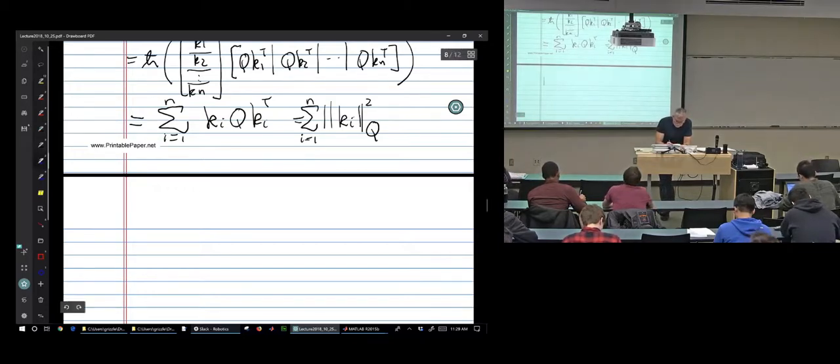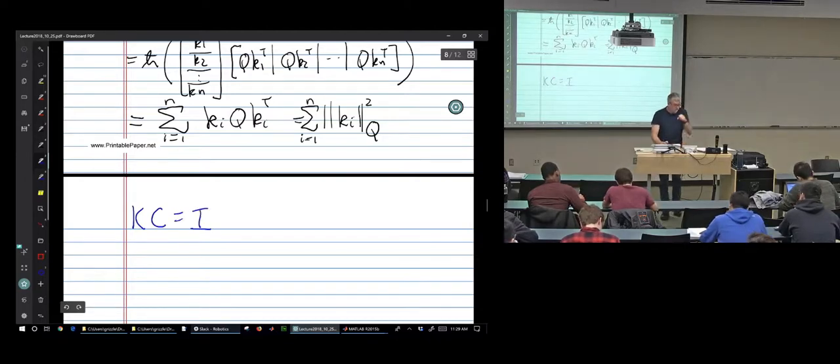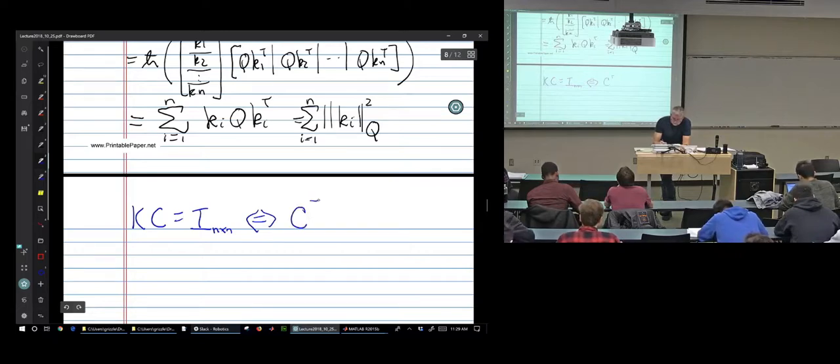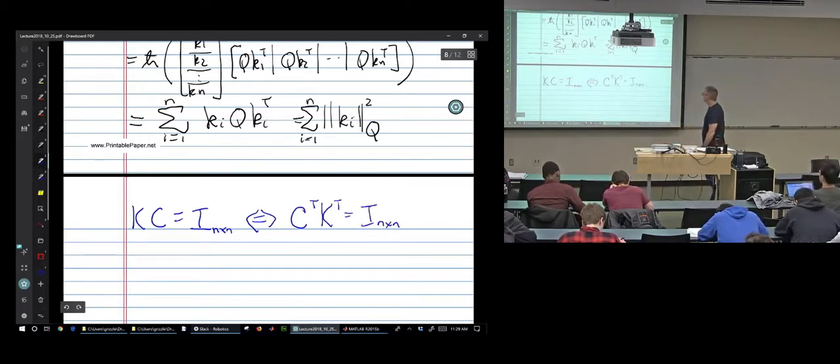Okay, what about this KC equals the identity, n by n? Well, this part is kind of a trick. You have to know the answer, but if I transpose it, I still get the identity, okay? I haven't changed anything.